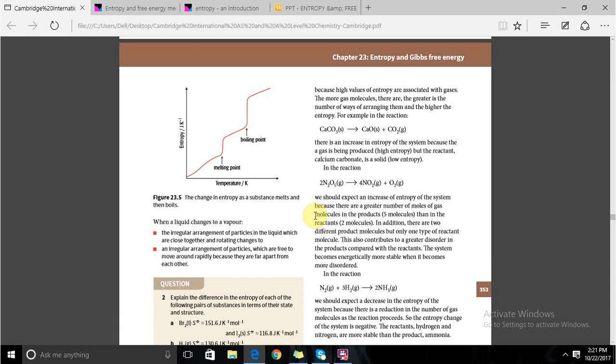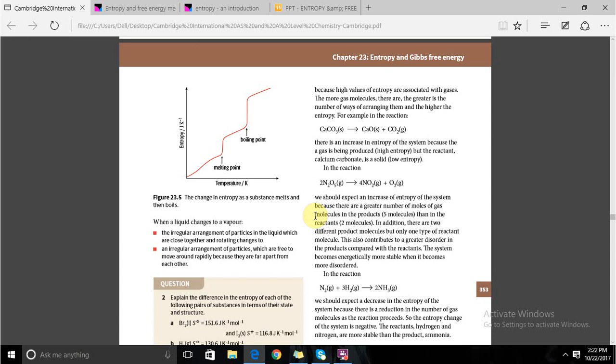And when we get 4 molecules of NO2 and 1 molecule of O2 from 2 molecules of N2O5, again there is an increase in entropy, the reason being that we initially had 2 gaseous molecules and now we have 5 gaseous molecules, an increase in the number of gaseous molecules. Moreover, the overall number of molecules has also risen, and because of that it is safe enough once more to assume that entropy has risen.